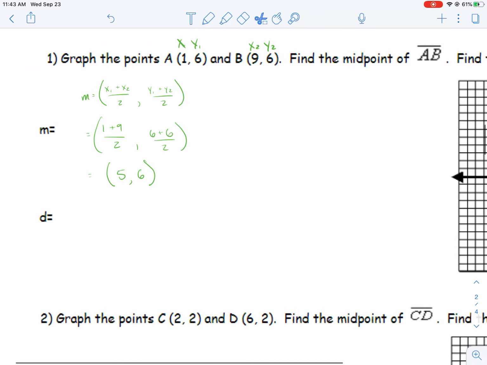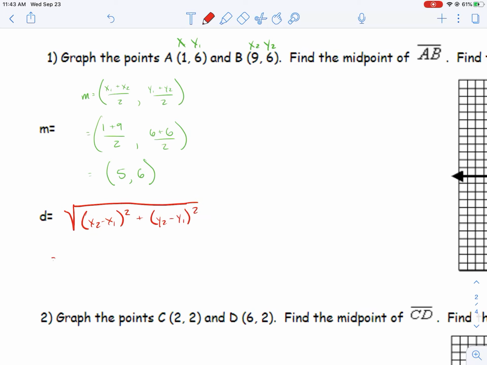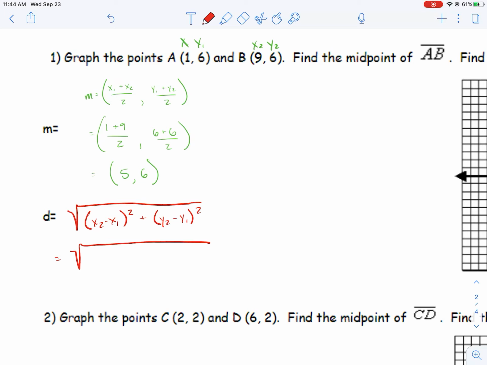Our distance, if you recall from that last lesson, is the square root of x2 minus x1 squared plus y2 minus y1 squared. So let's fill those parts in. Now, we should get an answer of 8, but let's see if that's what the distance formula gives us.